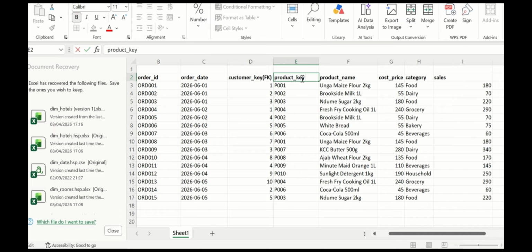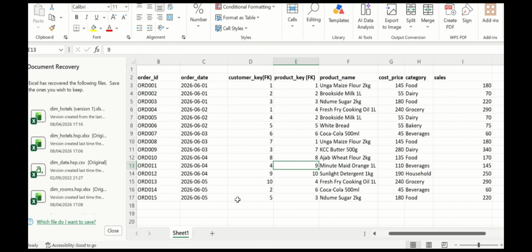The product key here in the facts table will be our foreign key. Here P01 is 1, P02 is 2, this is 3, this is 4, this is 2, this is 5, this is 6, this is 1, this is 7, 8, 9, 10, 4, 6, 3.